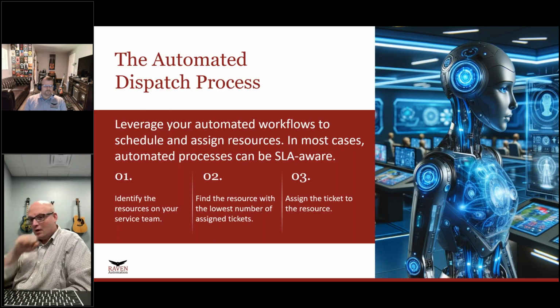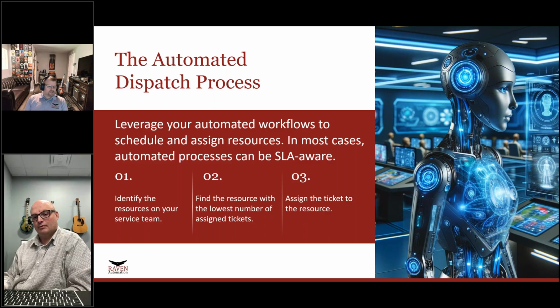Yep, without a doubt. So moving into the dispatch side of this, because personally I see triage as one process and dispatch as another. On the dispatch side of this, you can use the Roost workflows essentially to identify resources that are available on your service team. Of course, let's talk ConnectWise PSA for a second. If you're leveraging the in-out board, you can also leverage that to include resources that are not in the office.